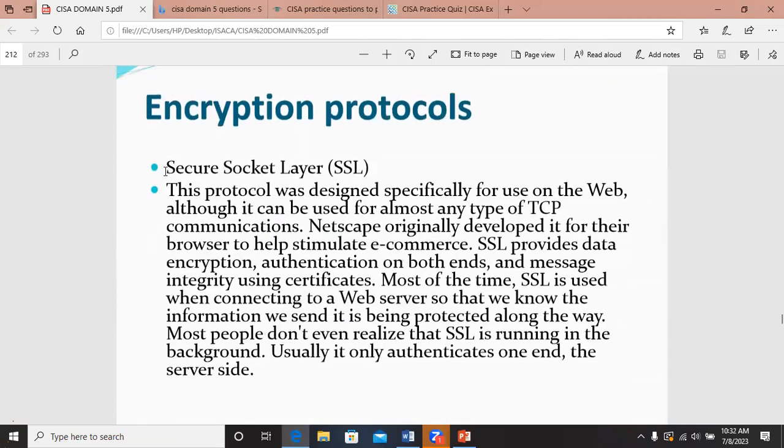Then, of course, we have the most popular one, SSL. You'll have seen it. Most websites that we use for payments use SSL to encrypt whatever we are typing: primary account number, CVV, PIN, card details, and so on. We want to ensure that they are protected, so we use SSL.